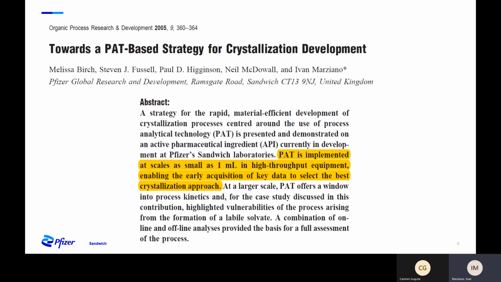At that time, we referred to it as a process analytical technique, which is ultimately what it is. The ability to implement it at a scale as small as 1 milliliter was a very significant step forward for us, reducing the amount of material that we were using typically for solubility and metastable zone width determination by almost 100-fold.